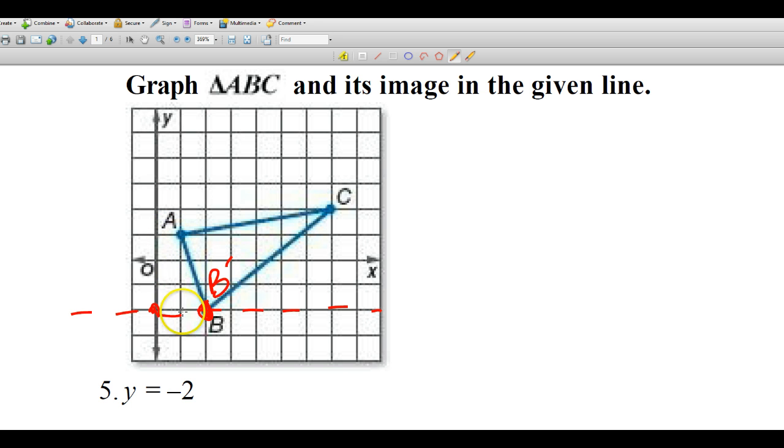A is 3 above the line, so we want to go 3 below the line for A prime. And C is 4 above the line, so we want to go 4 below the line for C prime. And then we can just connect our vertices.